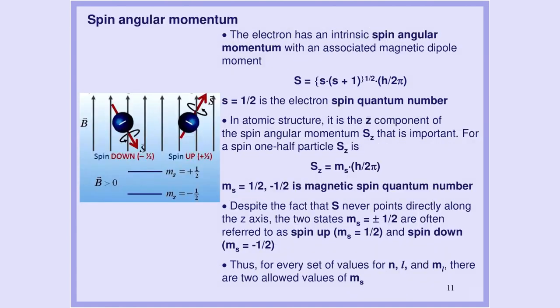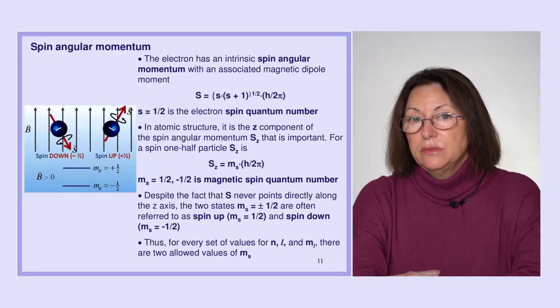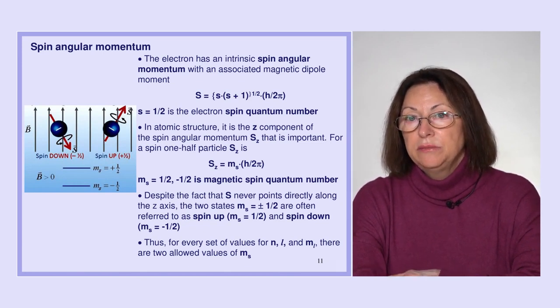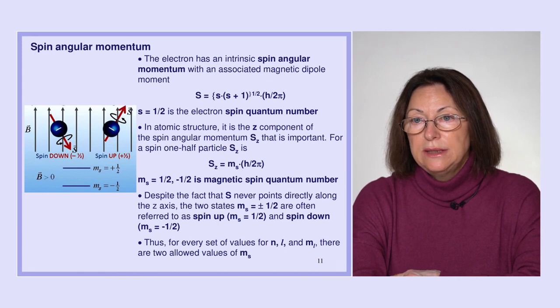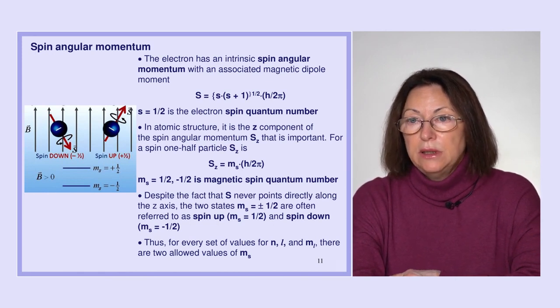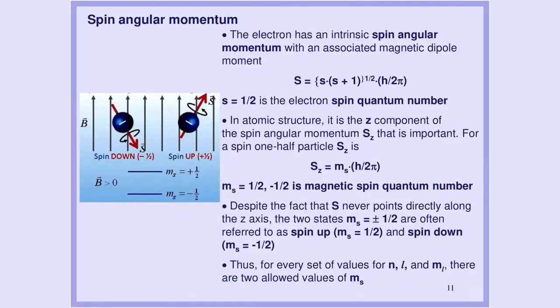The electron has an intrinsic spin angular momentum with an associated magnetic dipole moment. We can imagine that the electron in the atom is not only orbiting around the nucleus, but also spinning. It is a kind of rotation around an axis crossing the imagined center of the electron.